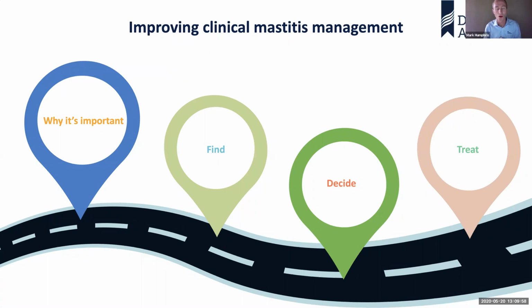We'll focus on the importance of promptly finding clinical mastitis. We'll get into some detail around whether a cow should in fact be treated or not. Within that decision point, we'll look at some of the opportunities that new mastitis diagnostics may have in supporting really good decision making with clinical mastitis and treatment.